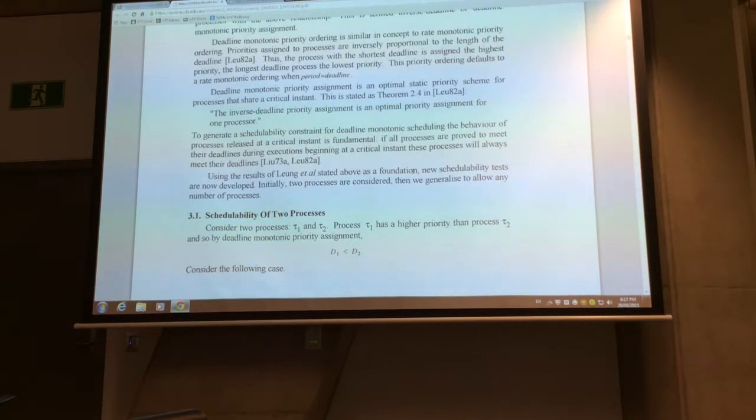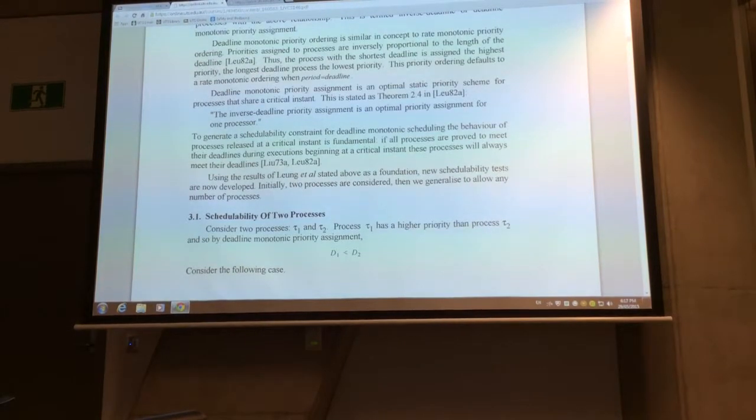Now often those two might coincide, but strictly speaking, we're now going to order the processes in terms of their deadlines and associate monotonically priorities with deadlines, not periods. Okay, so all of that's pretty easy, I think. No headaches there so far.